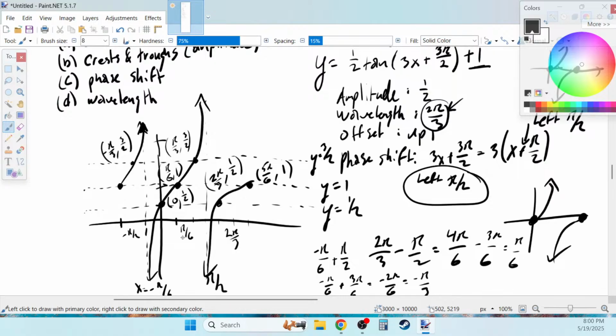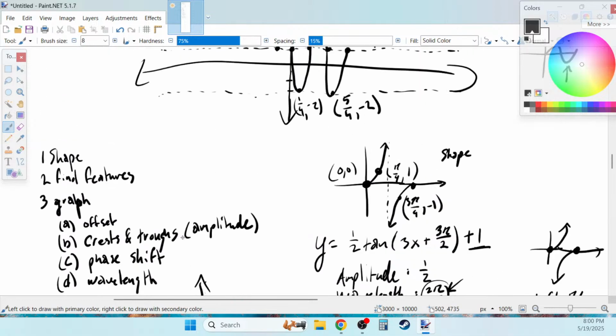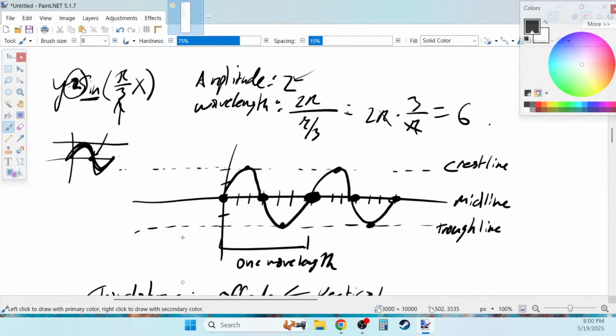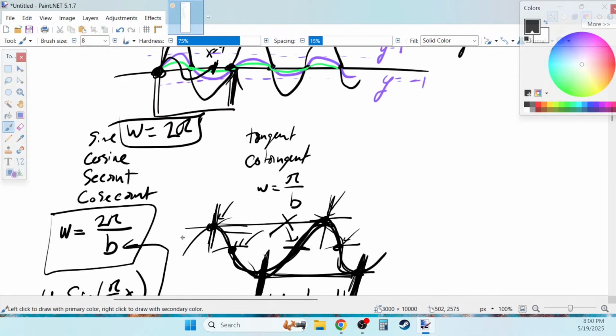Oh, I have a question in the chat. The wavelength for tangent is different from the wavelength for sine and cosine. So for sine, cosine, secant, and cosecant, the formula is wavelength equals 2 pi over b.